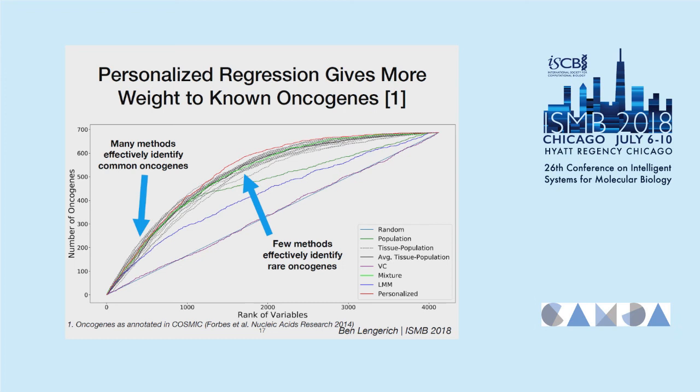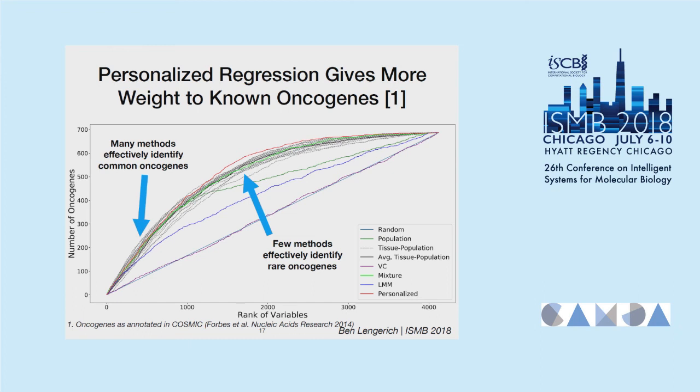So we want to see plots up here, which will imply that our models are selecting as important features the known oncogenes. And what we see, so our method is this red line, the personalized method. The dashed gray lines are the population models trained on single tissue types, which have a weighted average of this black line. So we see that down here, a lot of the methods effectively identify common oncogenes. This is encouraging.